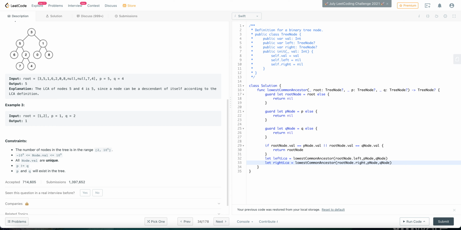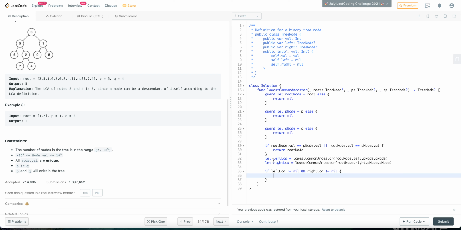Now let's say we have calculated the left LCA and the right LCA. Now if in both cases they are not nil, what we are returning is the left LCA and right LCA. Okay, so both are not nil: left LCA not equal to nil, and right LCA not equal to nil.